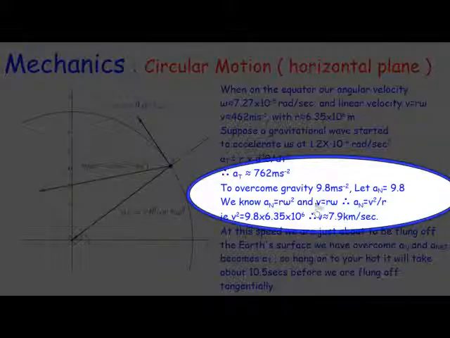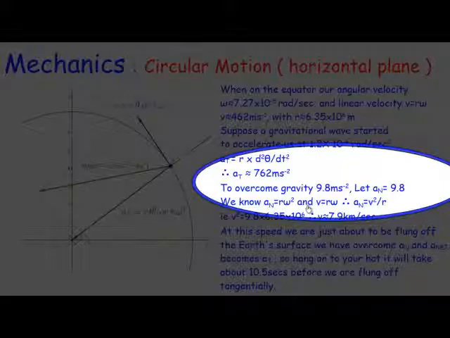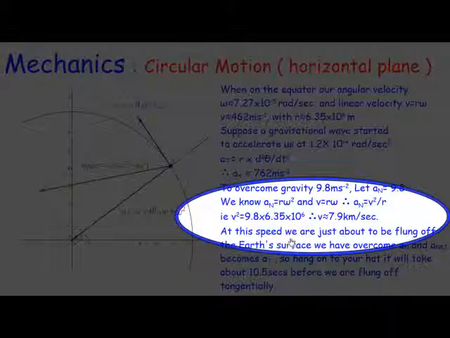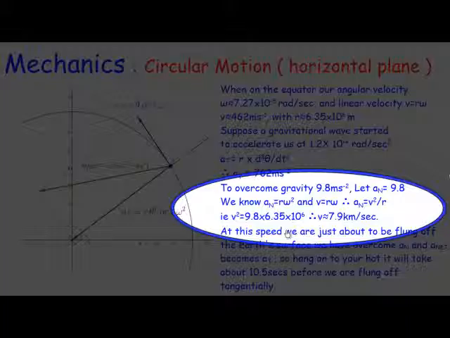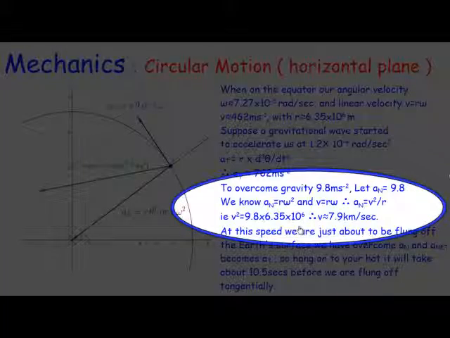Now, if we set these equations up down here, and we let 9.8 equal v squared on r, then we solve for v, and we end up getting the velocity at which we overcome gravity. So the normal component will disappear, and our net acceleration will become tangential, so we'll be flung off at about 7.9 kilometers per second. That's our instantaneous linear velocity in that particular case.